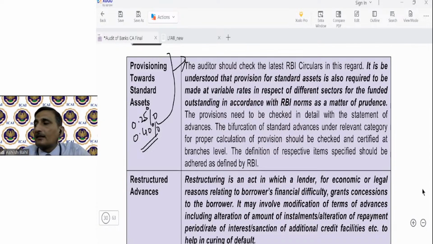Okay, so this has also to be seen. This has also to be verified by the auditor, whether the provision on standard assets has been made in accordance with the RBI circulars, at variable rates in respect of different sectors of the advances outstanding.